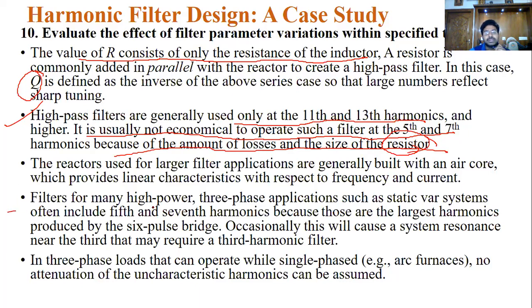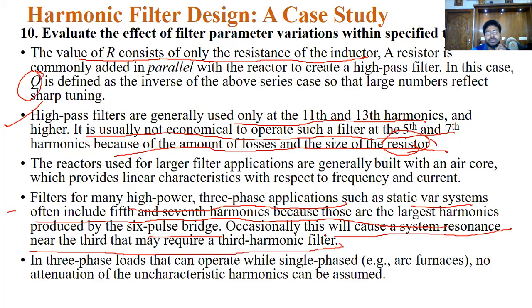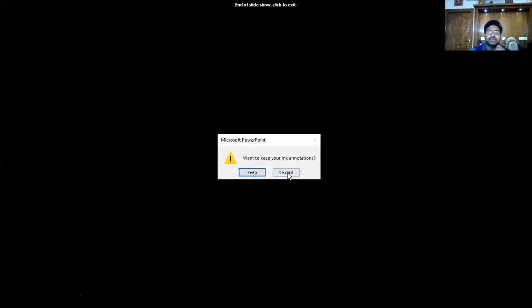For filters in high power three phase applications such as static var systems, including 5th and 7th order harmonics, there is a large amount of harmonics produced by the 6 pulse bridges. Occasionally this will cause resonance near the 3rd harmonic and 3rd order filters. So here they can assume it as static var systems. So this is the way you can calculate the filter design.